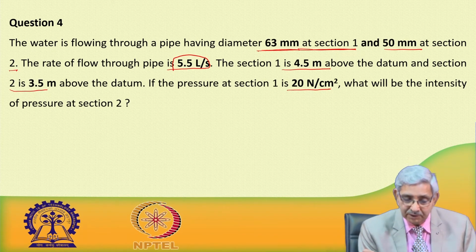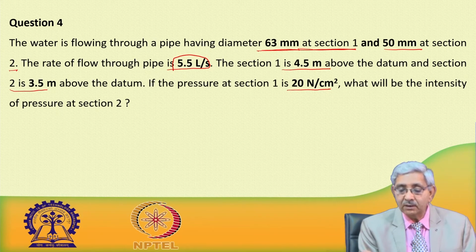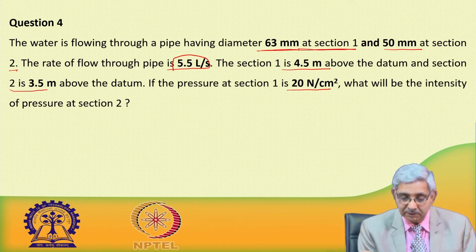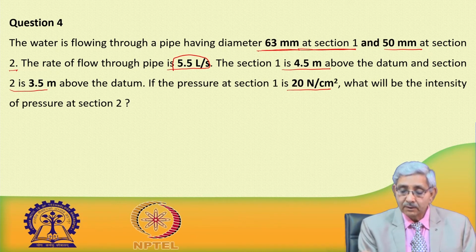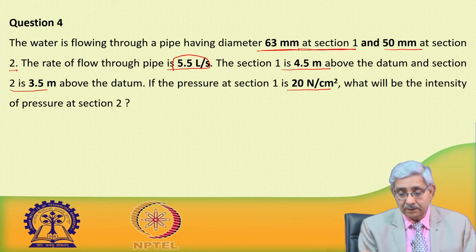So, once again I am reading, water is flowing through a pipeline having diameter 63 millimeter at section 1 and 50 millimeter diameter pipeline at section 2. Rate of flow through pipe is 5.5 liter per second. Section 1 is 4.5 meter above datum, which means the pipeline is not at the same elevation.